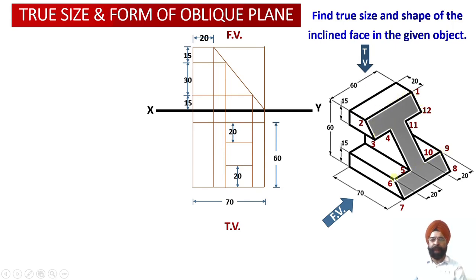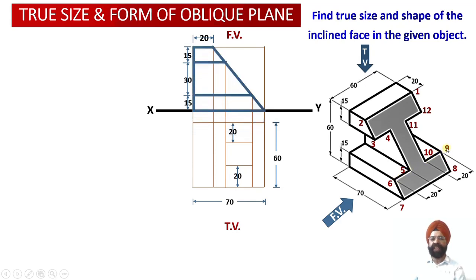Similarly, this part of the web has again been obtained in the top view using the projections from the front view. So this thickness we have evaluated, this thickness also we have evaluated, and now this particular part we have evaluated from the projections of the top view, that is the width which was provided to us.